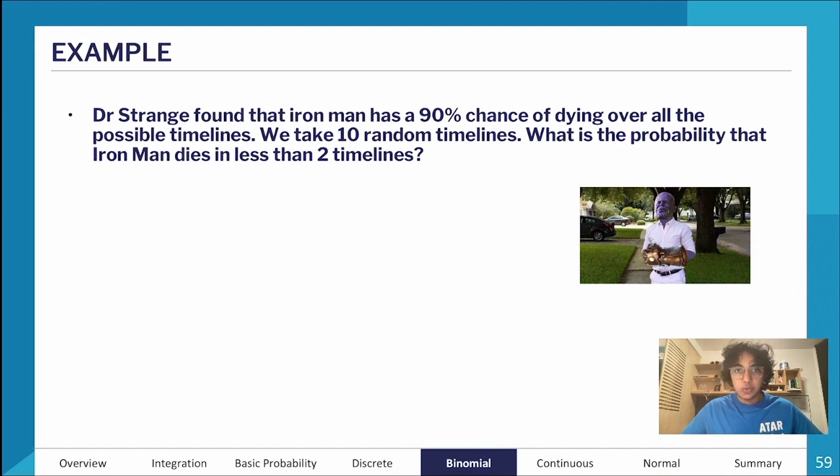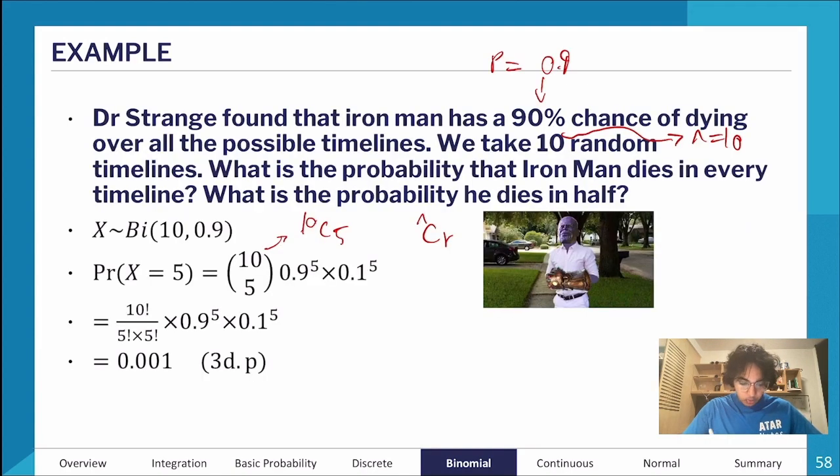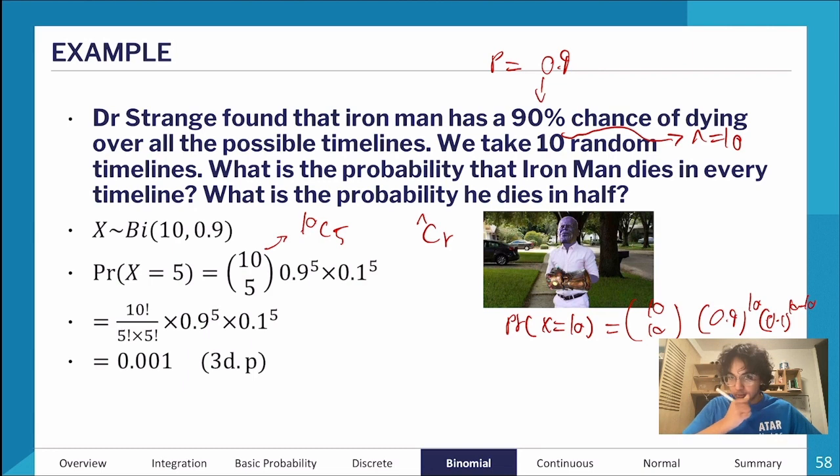Now let's go to a new question. We take 10 random timelines. Oh, also, I forgot to talk about the probability that Iron Man dies in every timeline. In this case, you do the probability of X equal to 10, so 10 choose 10 times 0.9 to the power 10 times 0.1 to the power 10 minus 10, which just cancels out.